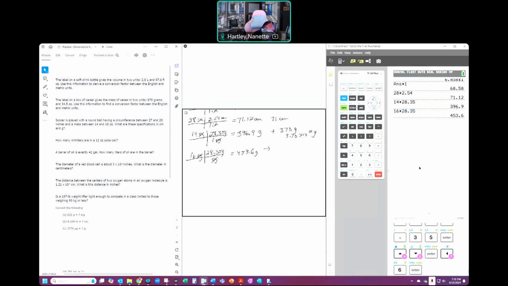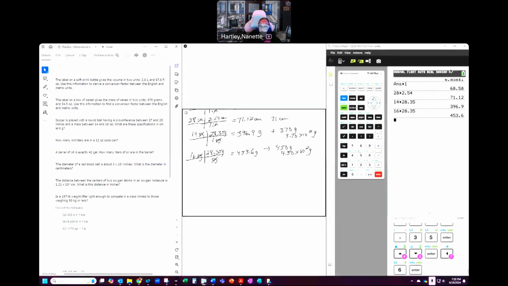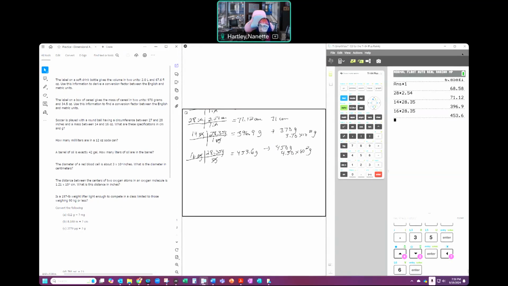So that 16 ounces then becomes 454 if I was doing it that way. But to 2 sig figs, that's 450 grams or 4.5 times 10 to the 2 grams. Okay. Again, that's how we've got it. Excellent. So that's that one.